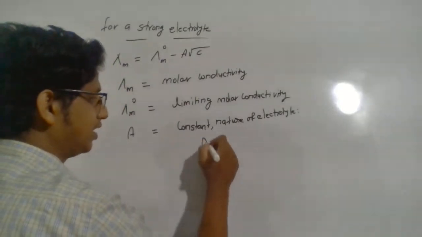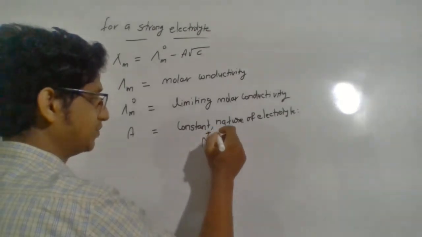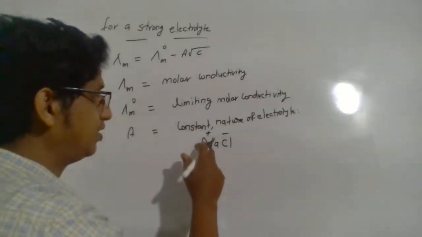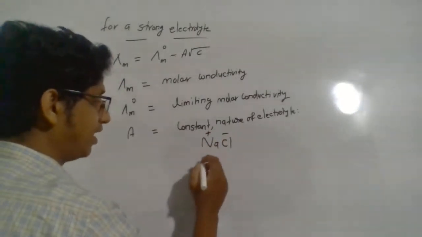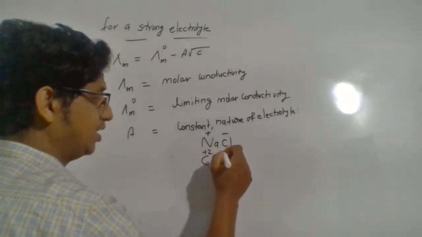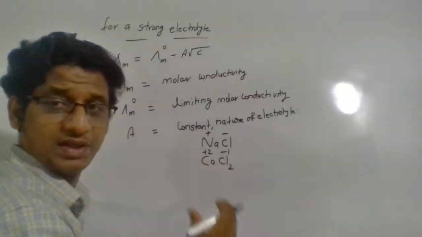For example, NaCl. Look at the charge of cation and anion: this is +1 and -1, right? So this is one type of electrolyte, a 1-1 type. While for CaCl2, the charge of calcium is +2 and for chlorine is -1, so I can say this is a 2-1 type electrolyte.